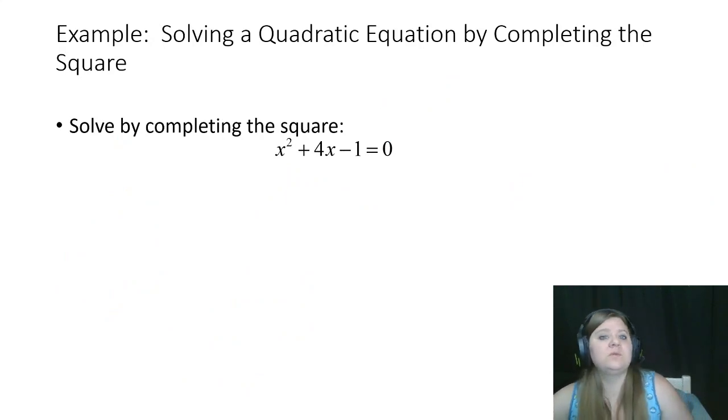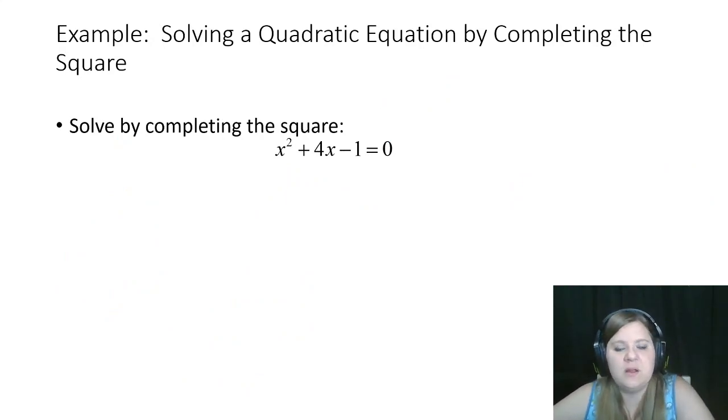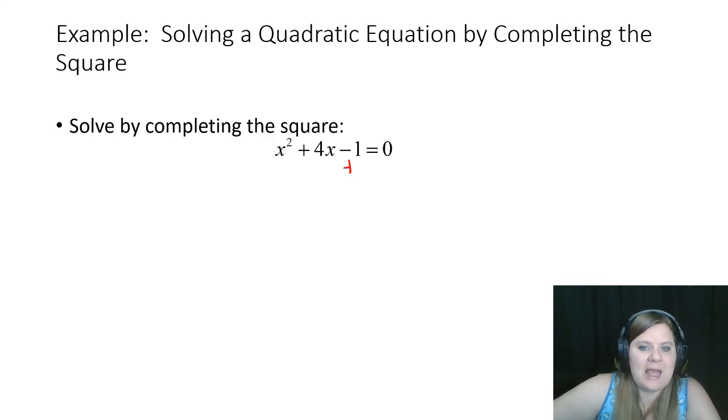Now, when we're solving by completing the square, we do have to do a little bit of extra work. It has to start by having the binomial on the left. That means that you have to move the c value, in this case the -1, over to the right side. So I'm going to add 1 to both sides. Now I have x squared plus 4x equals 1.